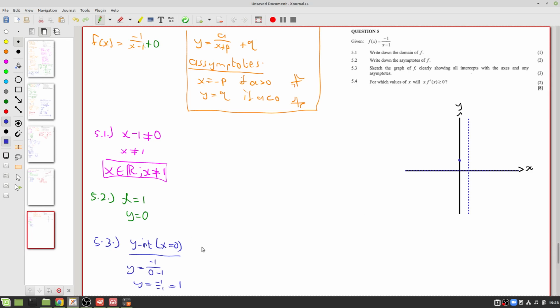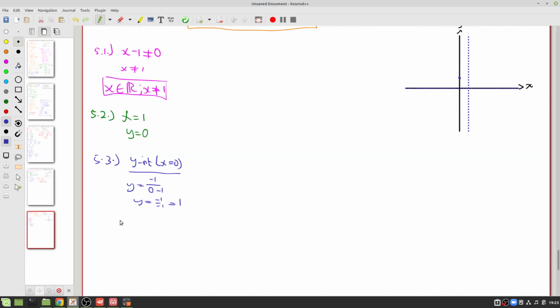Now to find the x-intercept, we make y 0. So if we say 0 equals negative 1 over x minus 1, multiply both sides by x minus 1 to get rid of the denominator. So 0 times x minus 1 equals negative 1. Now 0 times something is 0.